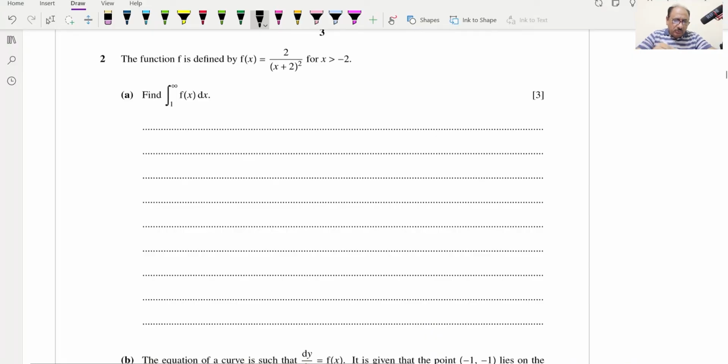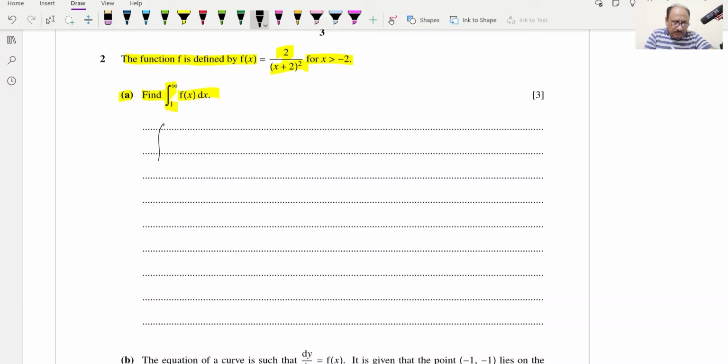Now question number 2 is on integration. The function f is defined by f of x is equal to this, for x greater than minus 2. Part a, find the integral from 1 to infinity.